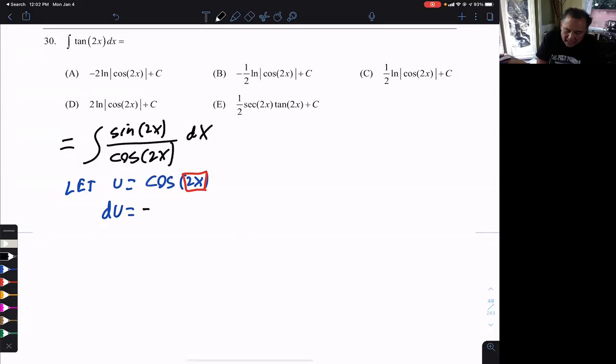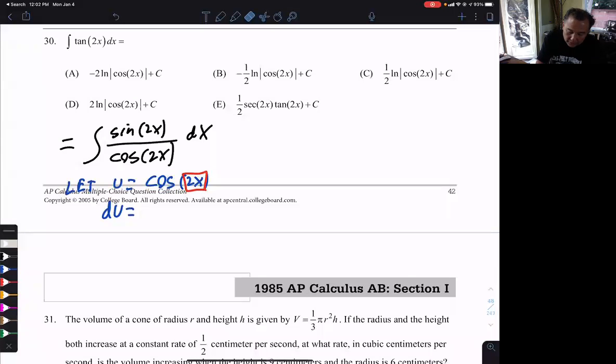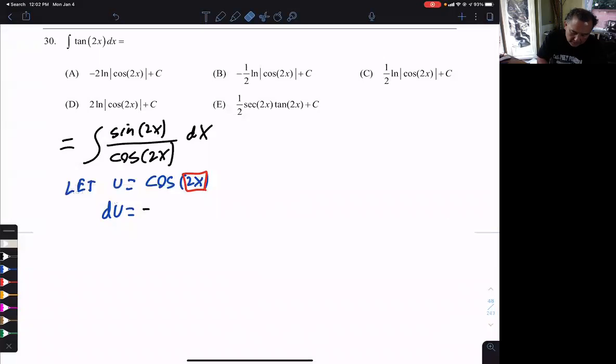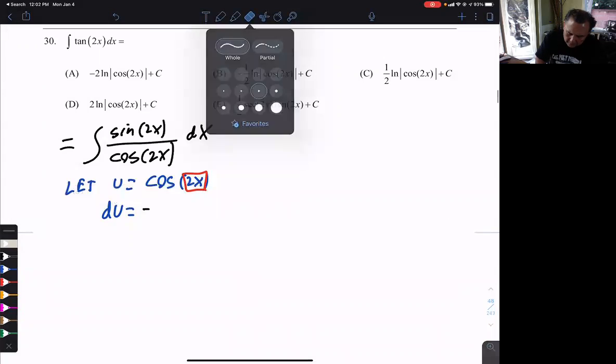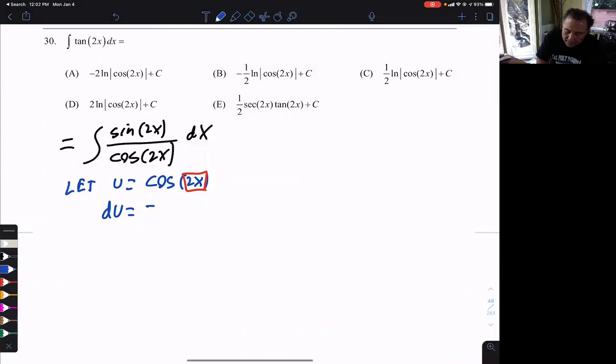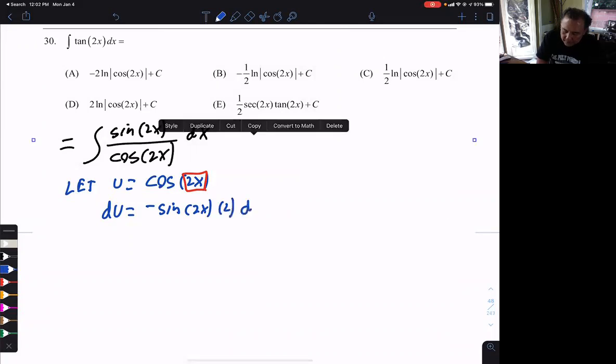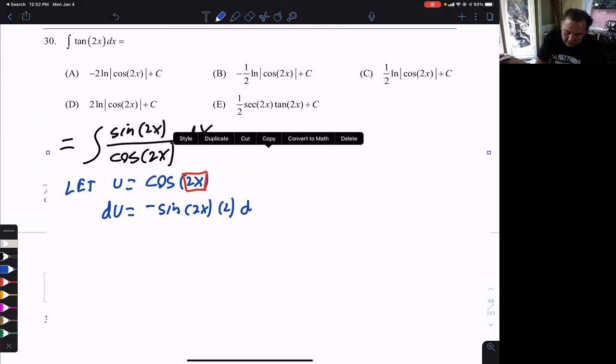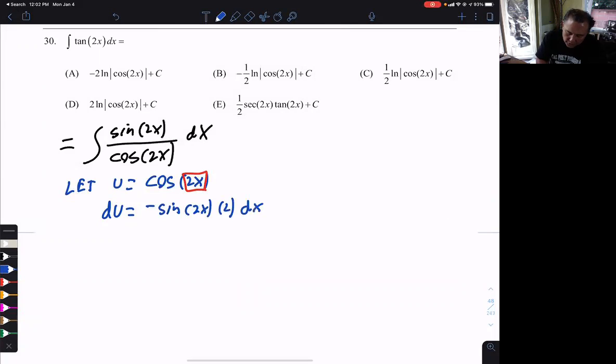The derivative of cosine is opposite sine. It's going to be the opposite of the sine of box times the derivative of box, which is 2. Try that again. So du is going to be -2 sine of 2x dx.